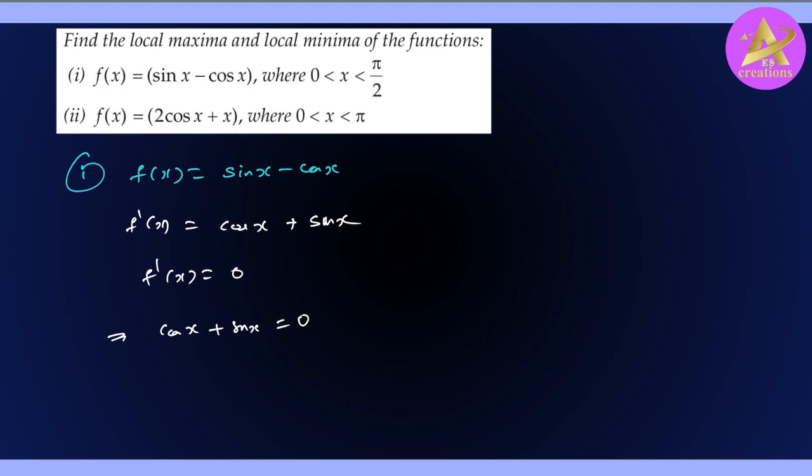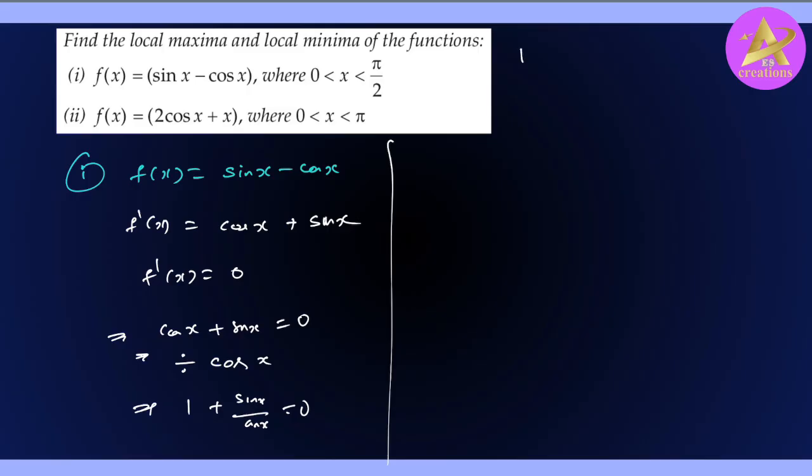Otherwise, what I would do here is divide by cos x on both sides. We get 1 plus sin x by cos x equal to 0, and sin x by cos x is tan x, so 1 plus tan x equal to 0, tan x equal to minus 1.